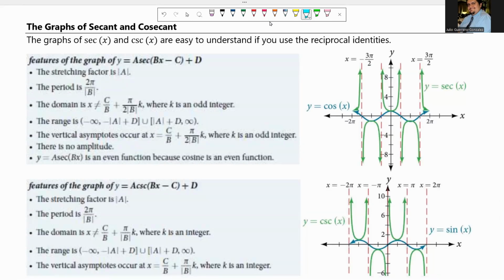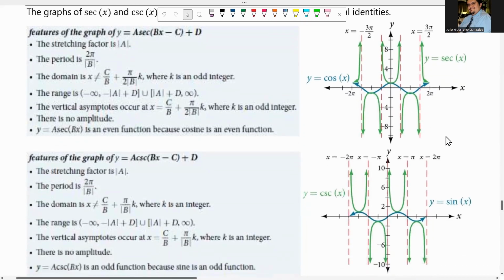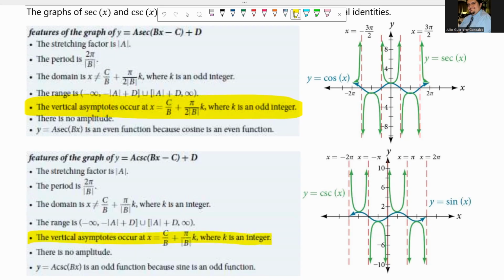So if you take a look for both of these, let me actually put these front and center. There we go. If you take a look at both of these, they have the exact same bit of information. You guys see that? I'm highlighting it for secant there, and for cosecant, it's this.